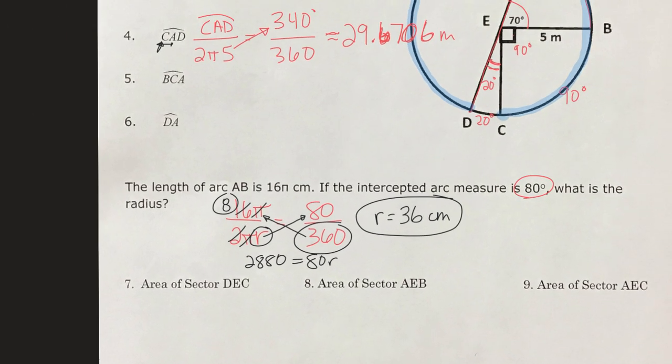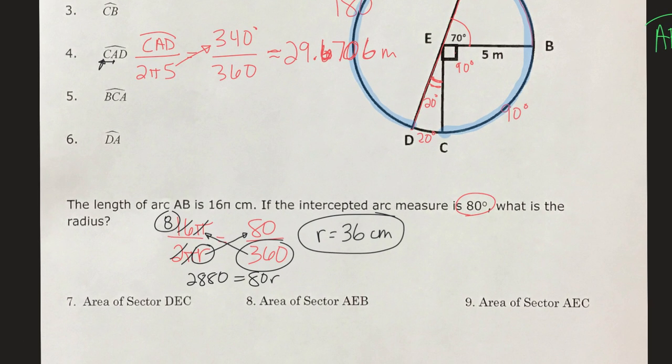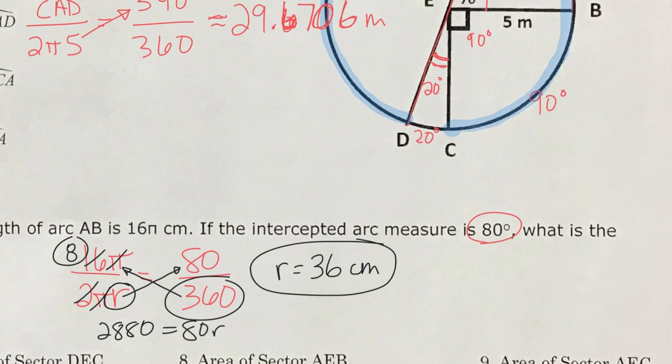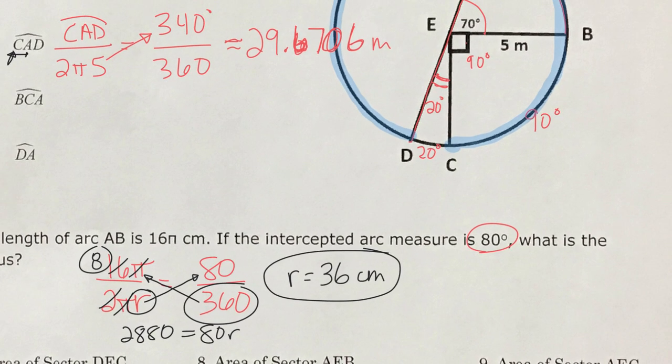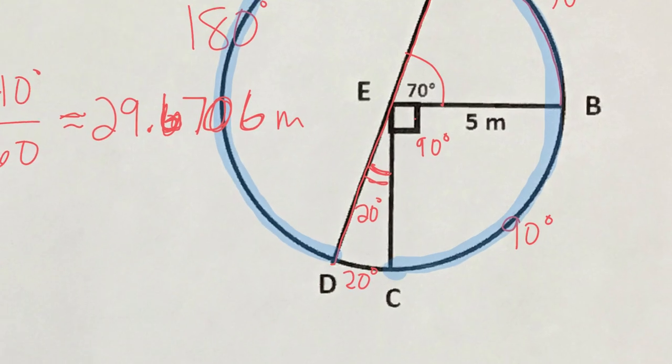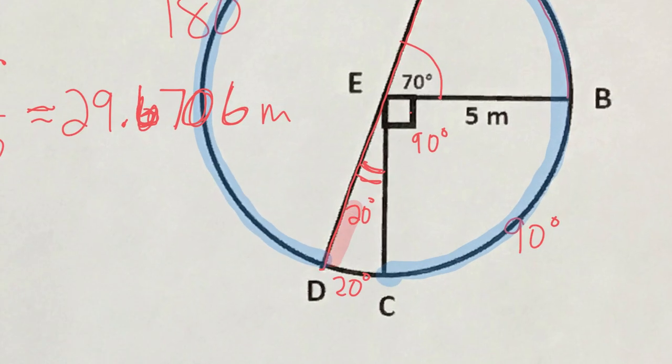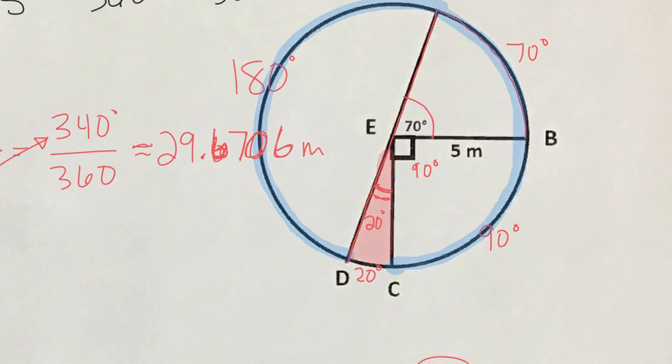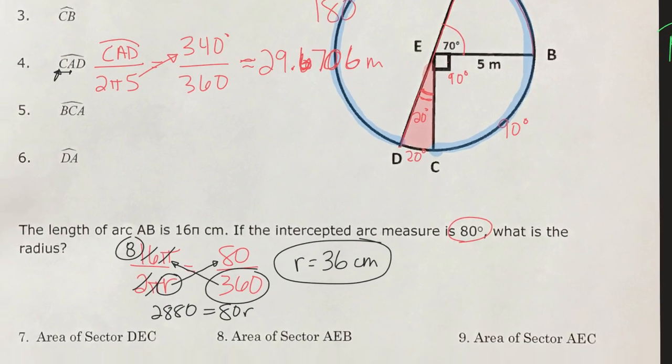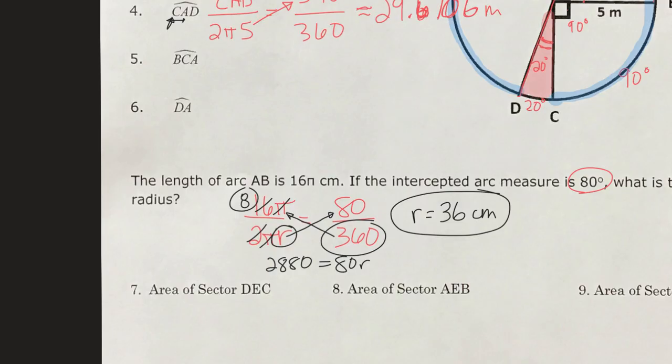Now let's look at these sector problems. A sector, remember, is a slice. So DEC. DEC is the sector that involves point D, point E, and point C. This is the sector for DEC. It goes from the circle outside to the center back to the outside.